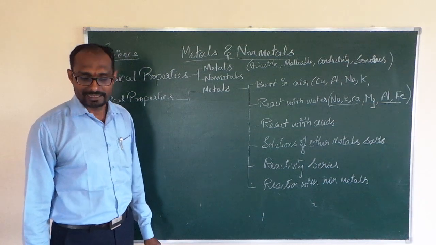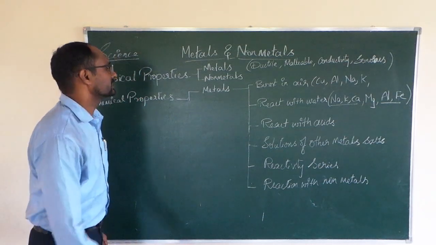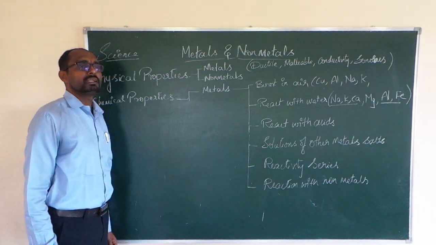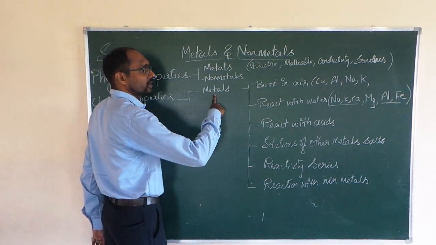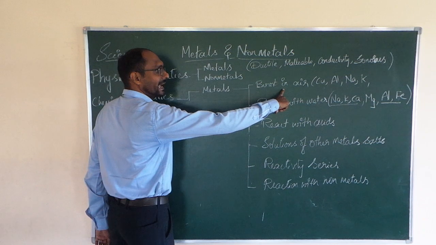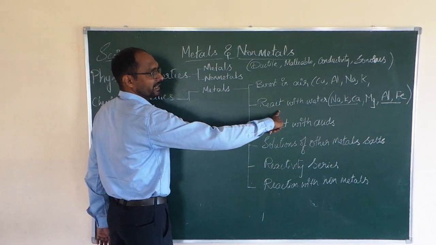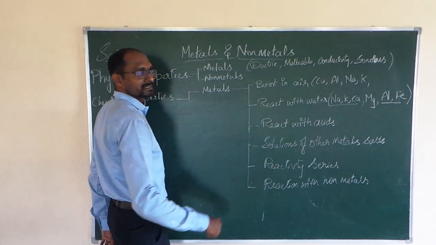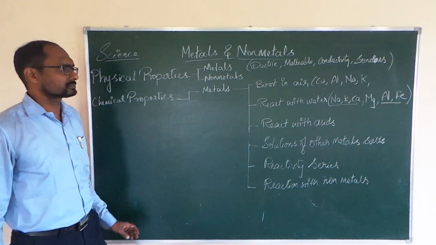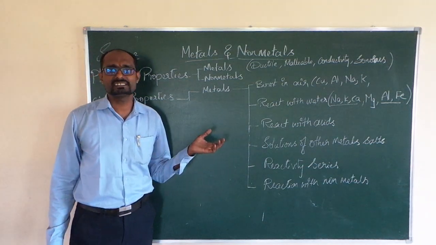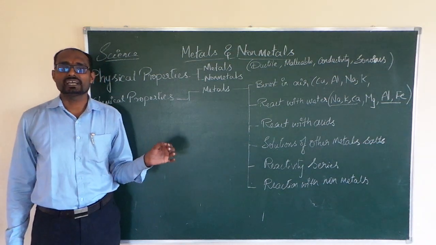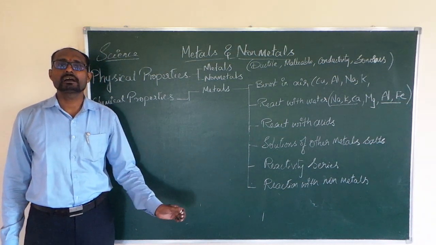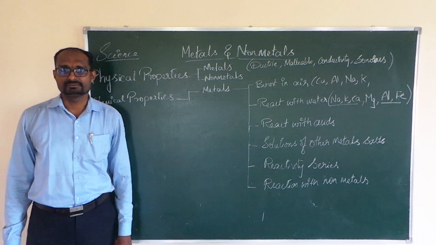Now let us discuss the chemical properties. In today's class, we will discuss the reaction of metals when they are burnt in air and when they react with water. When we say that any metal is burning in air, we should understand that it is actually combining with oxygen.